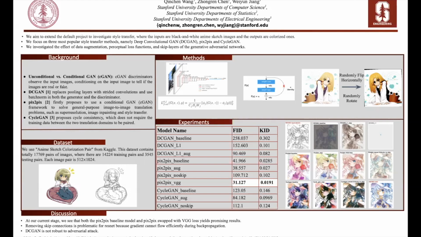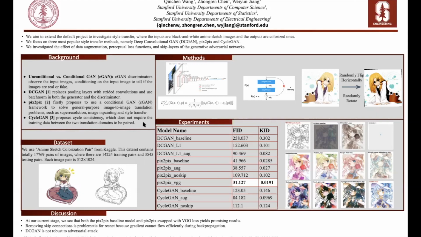DCGAN is a very classical method that was first proposed to replace the pooling layer inside the architecture with strided convolution, upscaling or downsampling the in-between feature images. It also used batch norm in both the generator and discriminator, and it had some marginal improvement at that time.